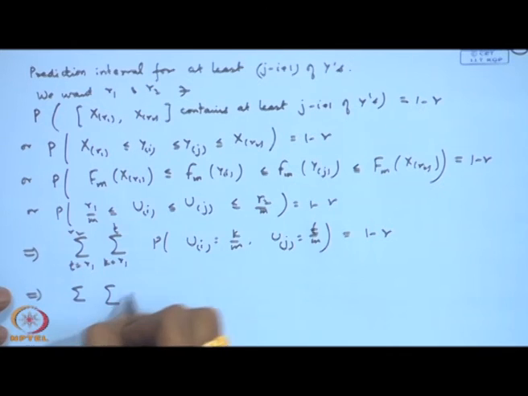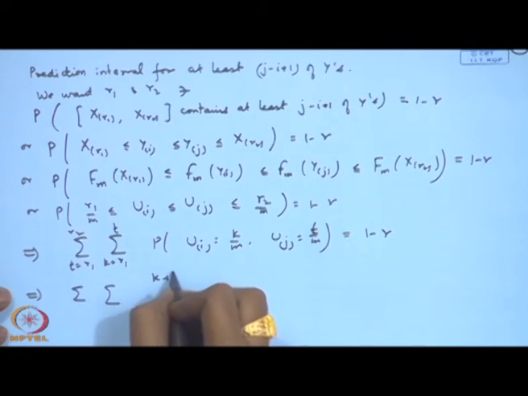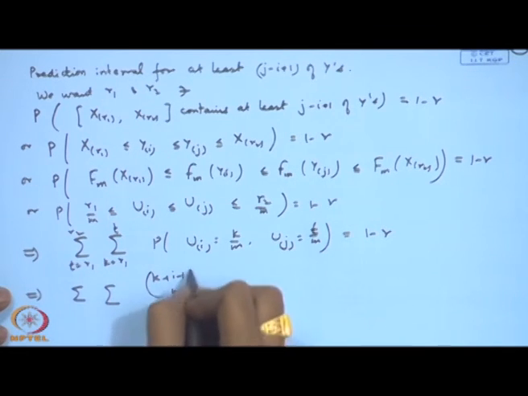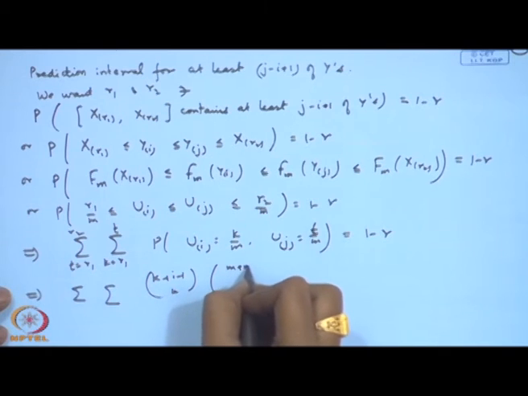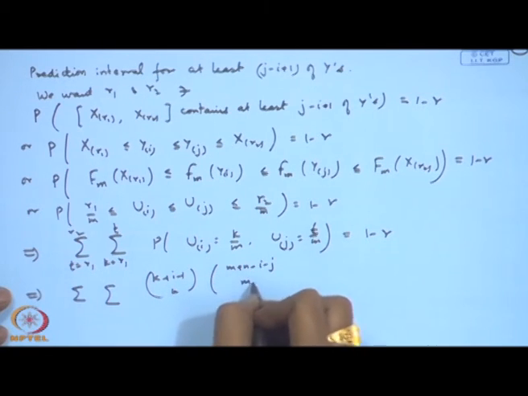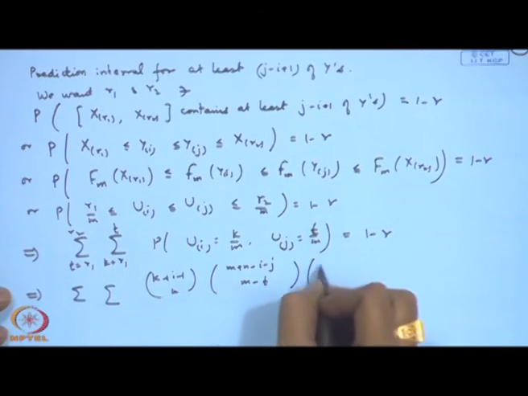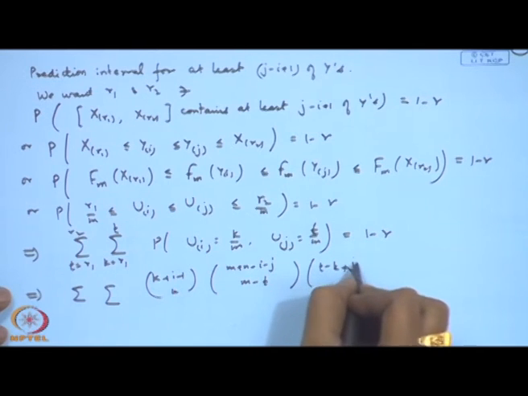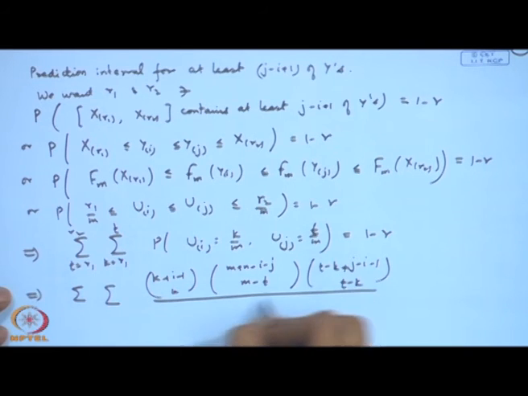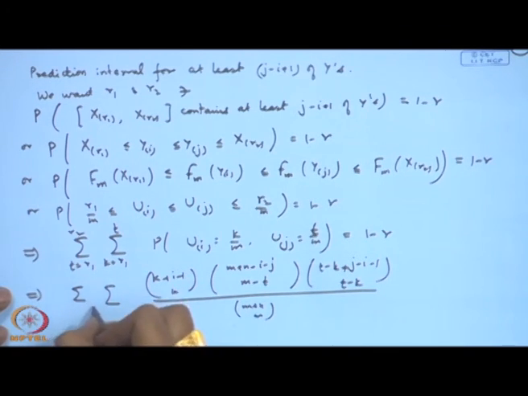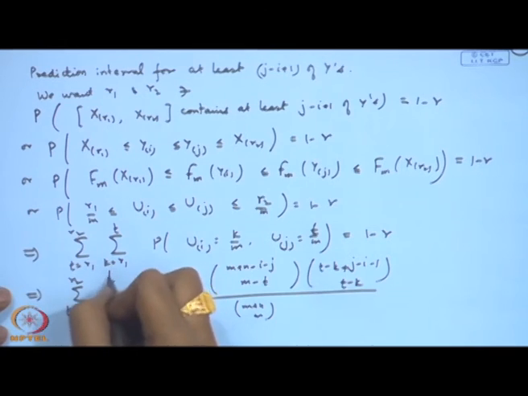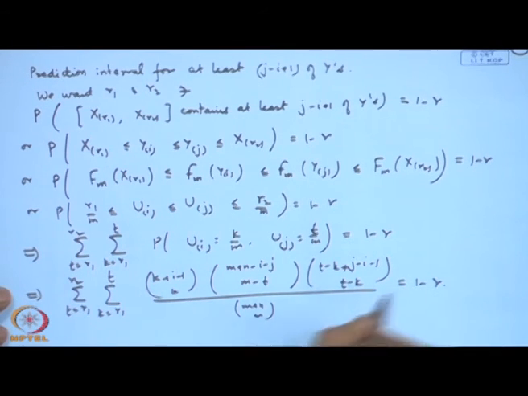So, it is nothing but (k plus i minus 1 c k) (m plus n minus t minus j c m minus t) (t minus k plus j minus i minus 1 c t minus k) divided by (m plus n c m), summed over t equal to r1 to r2, k equal to r1 to t, that is equal to 1 minus gamma.